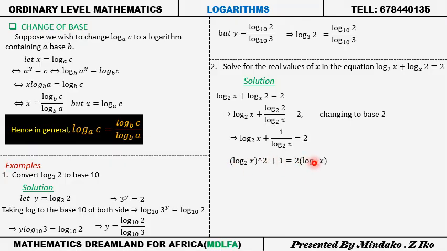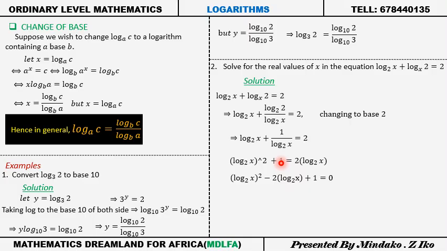Now you can solve it by formula method or by factorization, it depends on you. If I send this one inside, I'll have log x to the base 2 all squared minus 2 log x to the base 2 plus 1 equals 0. Since here it was plus, when it crosses the equality sign it becomes minus, but this one stays positive since it is still on the other side.